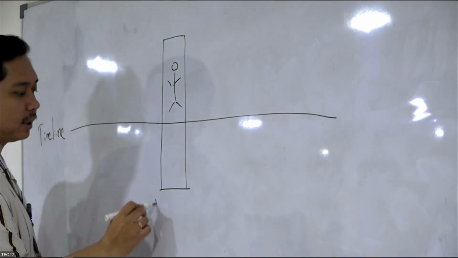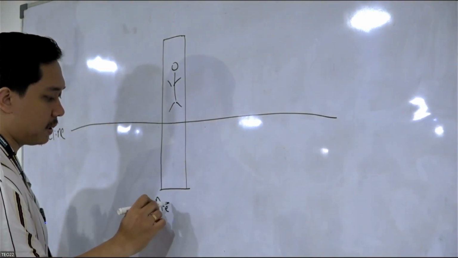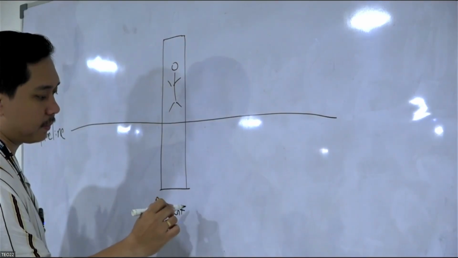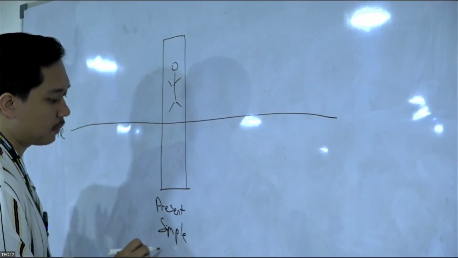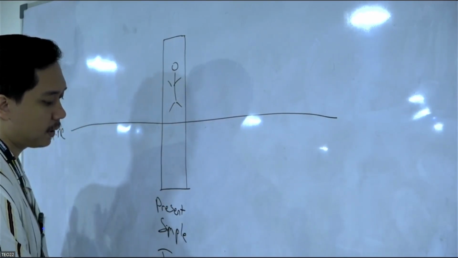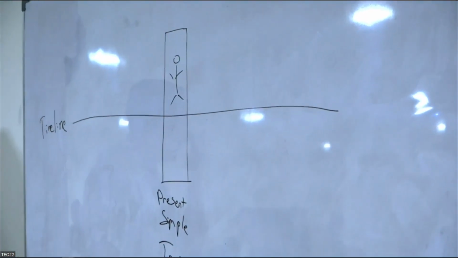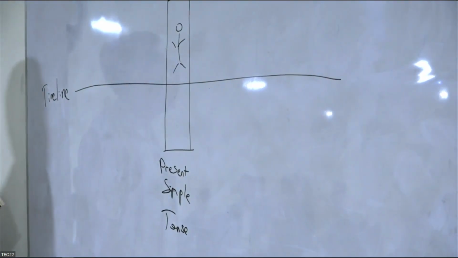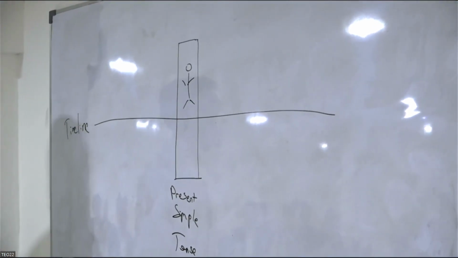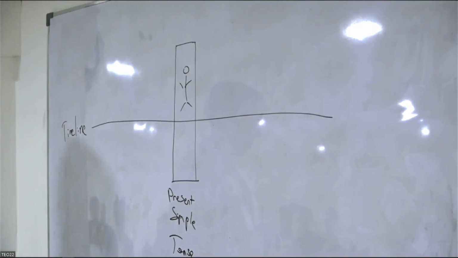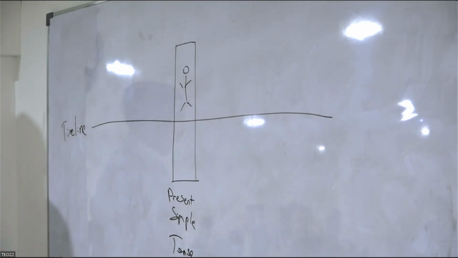This is the present simple tense. Alright, so we got here present simple tense. The next one will be how do you define the past and the future in the timeline aspect.